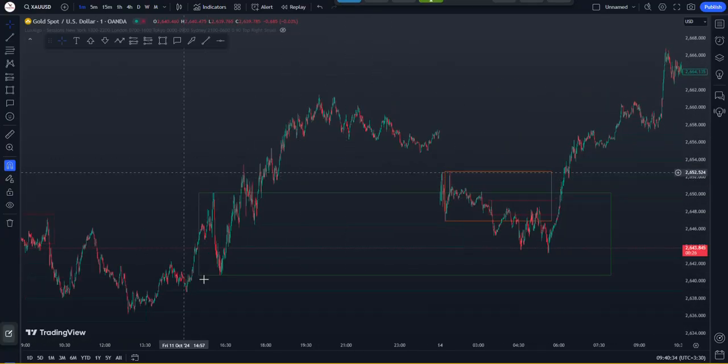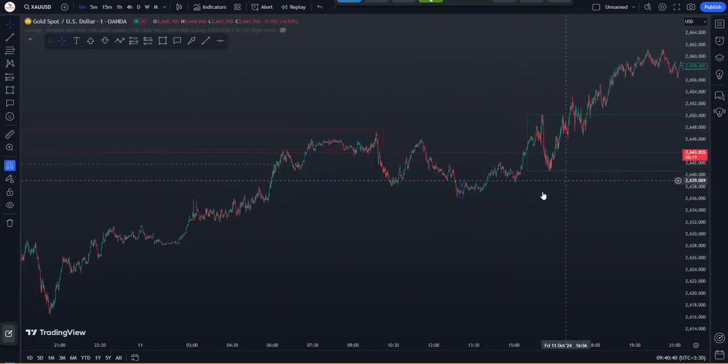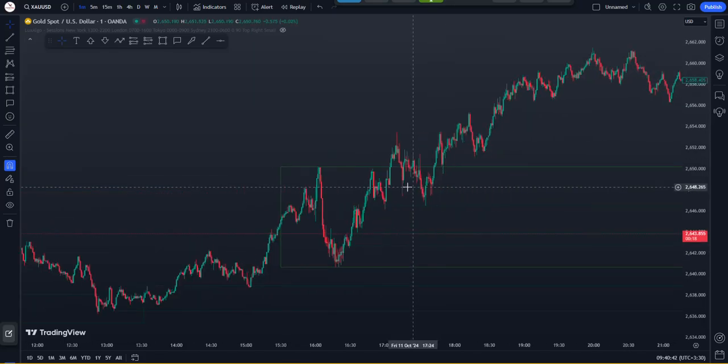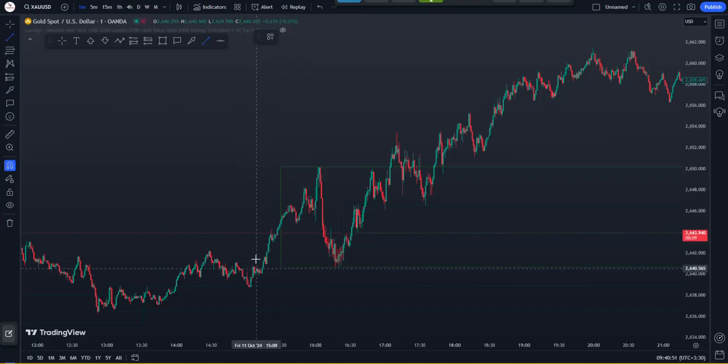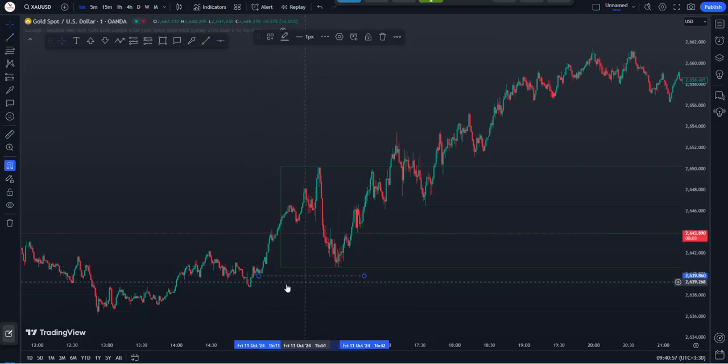Actually we must see here this level is reacting to this one, and this one is going to be reacting to this level, started from here and ended here. So and this is a swap of something here that makes that low.